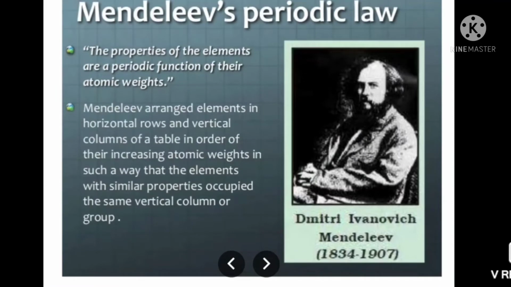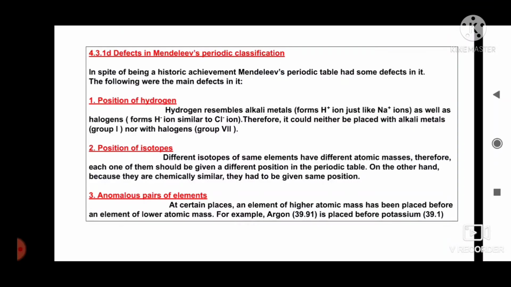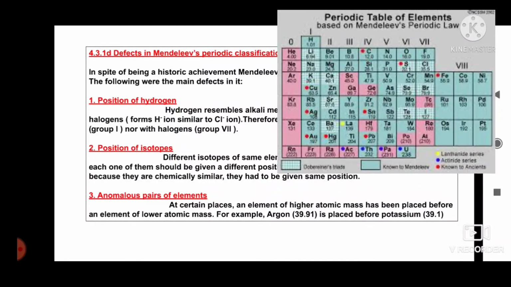Next was the law proposed by Mendeleev. According to Mendeleev's periodic law, the properties of the elements are a periodic function of their atomic weight. Mendeleev arranged elements in horizontal rows and vertical columns of a table in the order of their increasing atomic weight. The demerits of Mendeleev's periodic table include the position of hydrogen.